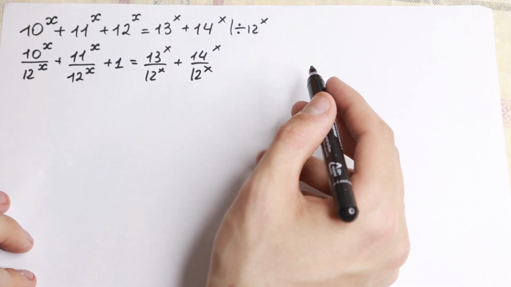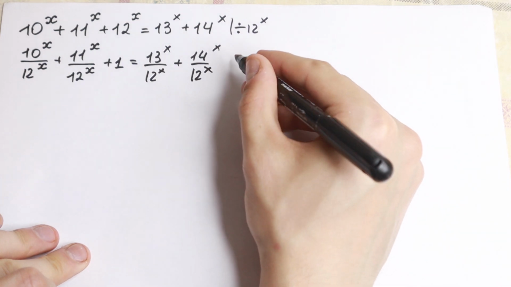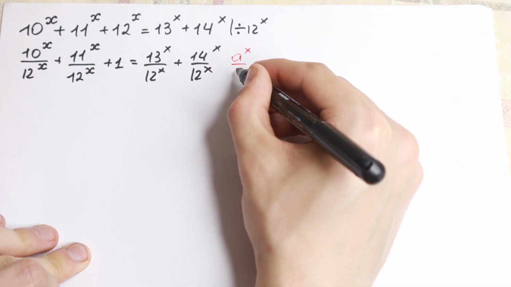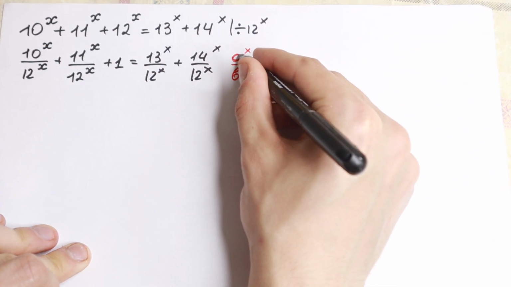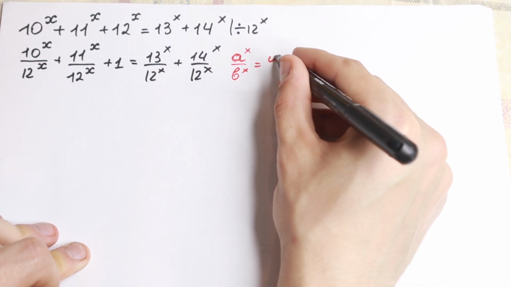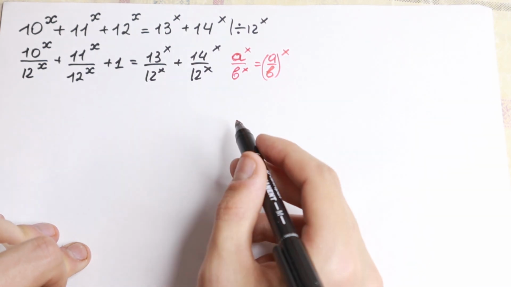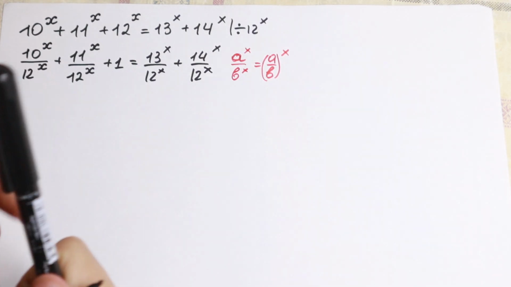What we're going to do next, we need to know a really good rule, a really good property. If we have a^x divided by b^x, so different bases but the same exponent, we can write it as (a over b) all raised to the power x in parentheses. So let's use this rule.